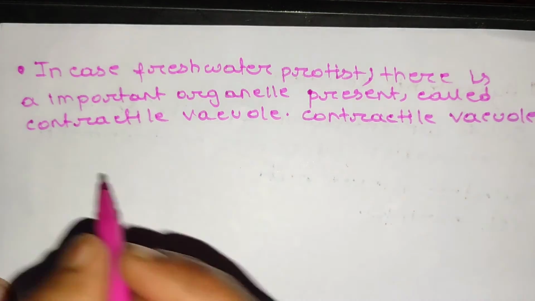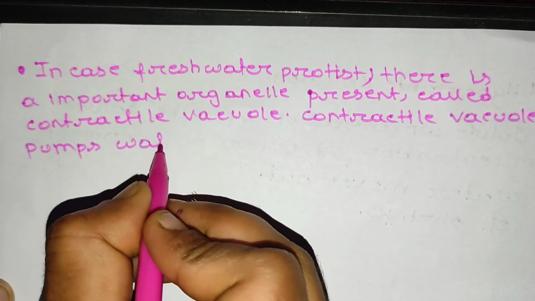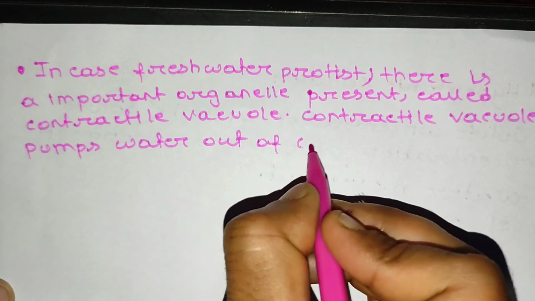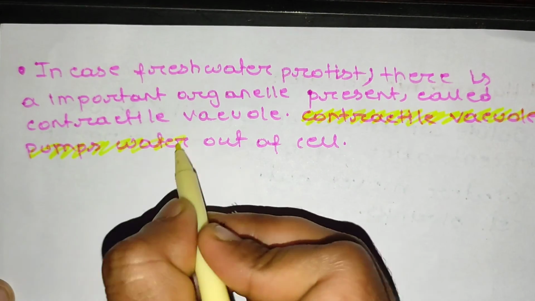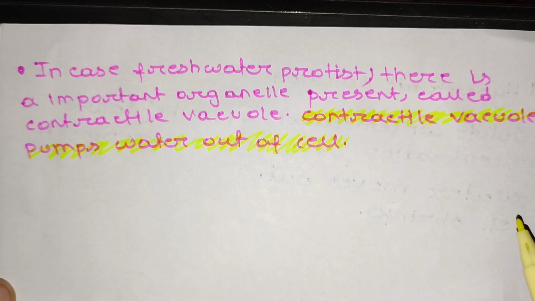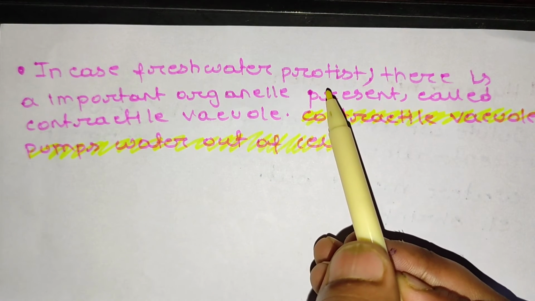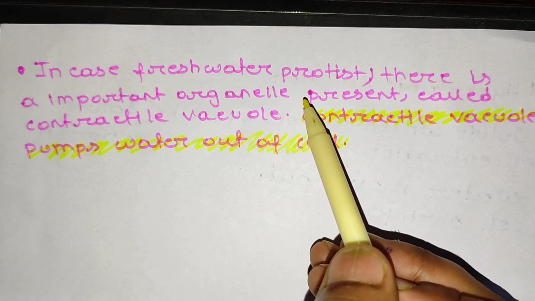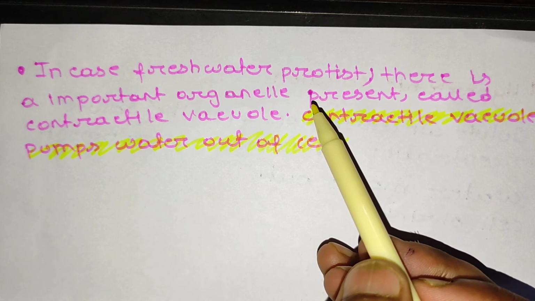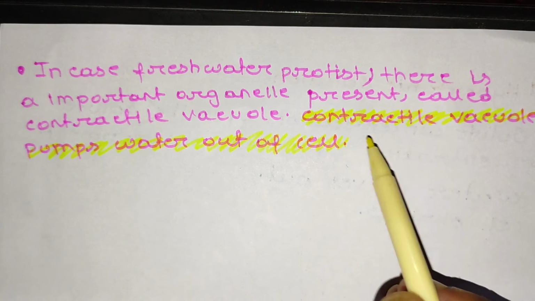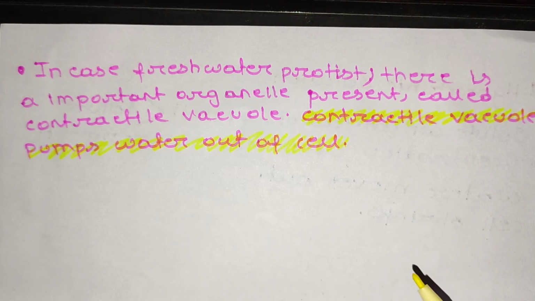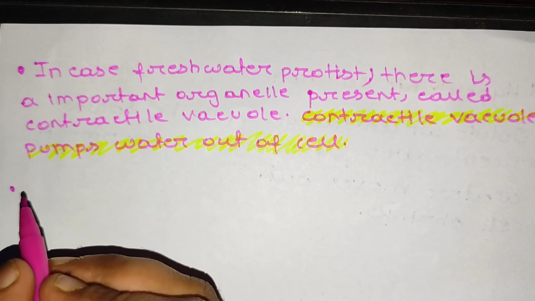The contractile vacuole pumps water out of the cell. So extra water is released due to the action of the contractile vacuole. So it protects the cells from osmotic lysis, because the freshwater protist lives in freshwater, so there is always a chance of movement of water from the outer environment to the inside of the cell.